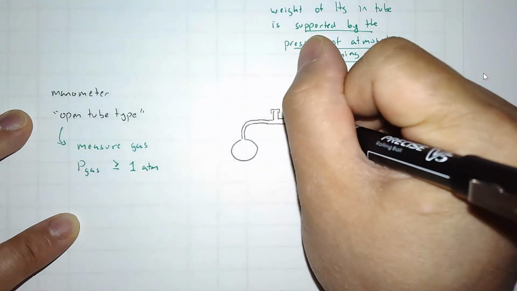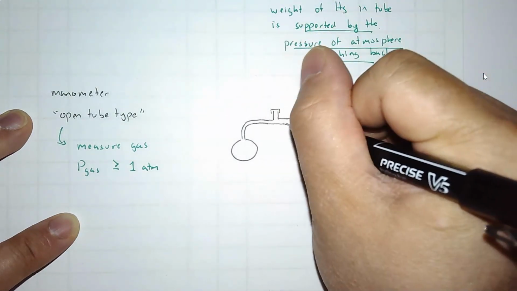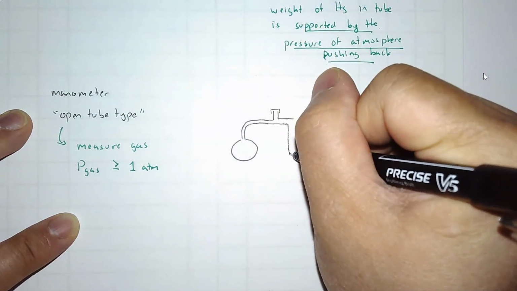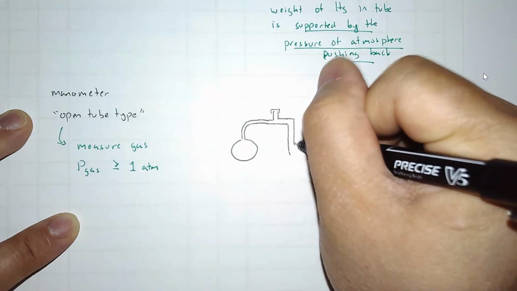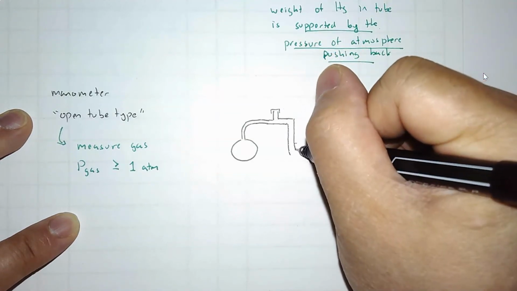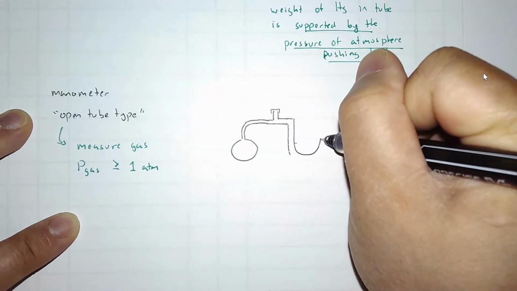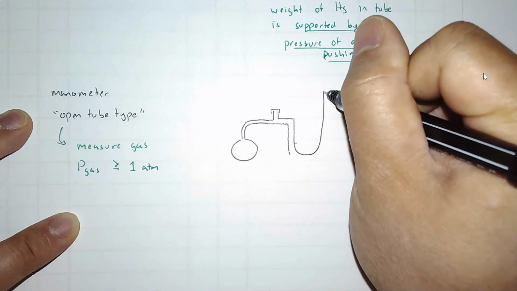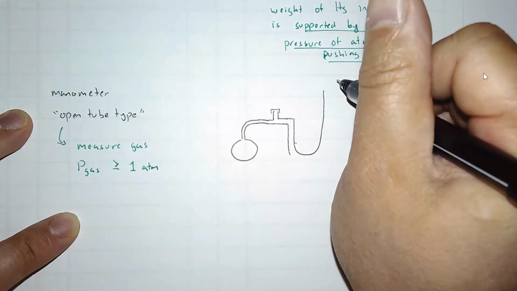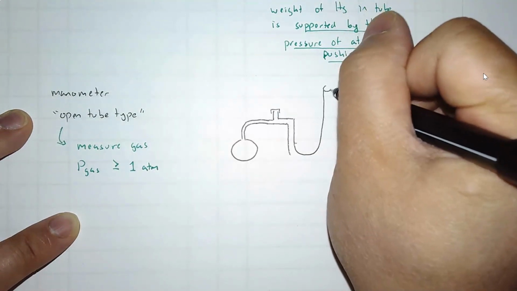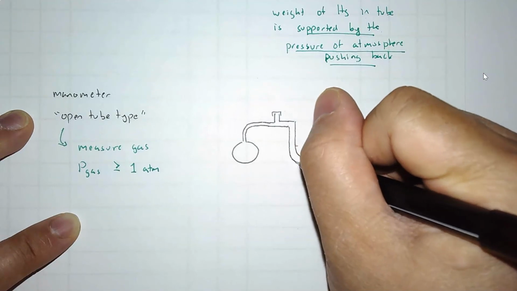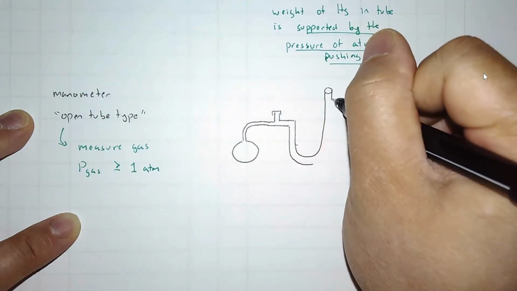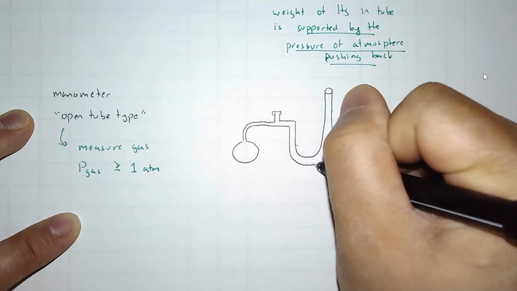And this is the important part. You have a U-tube, and the U-tube is going to be open on, in this case, the right. Okie dokie. We'll have it open here.